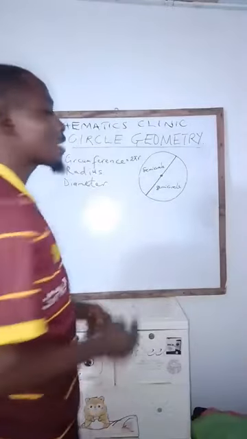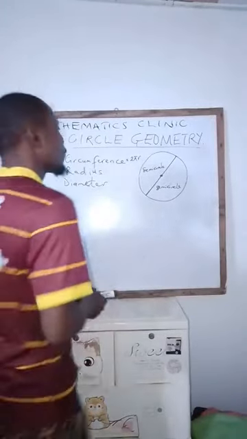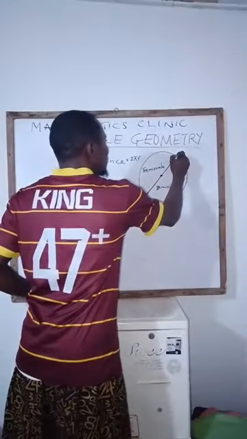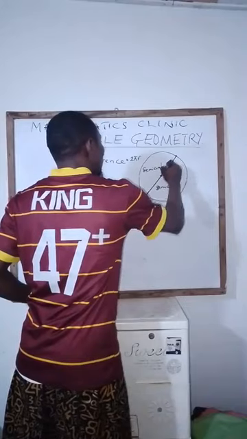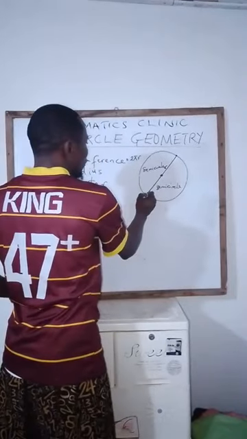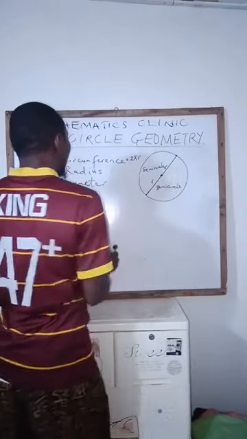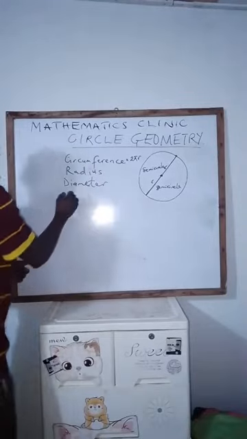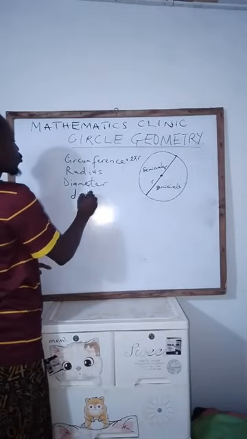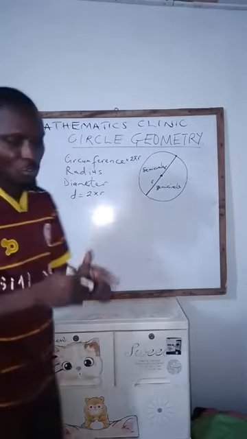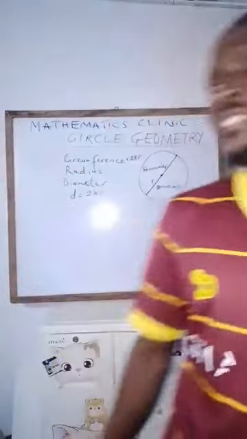And one diameter has two radii. From the center to this point on the circumference, that is one radius. From the center to this point on the circumference, that is another radius, making one diameter equal to two radii.